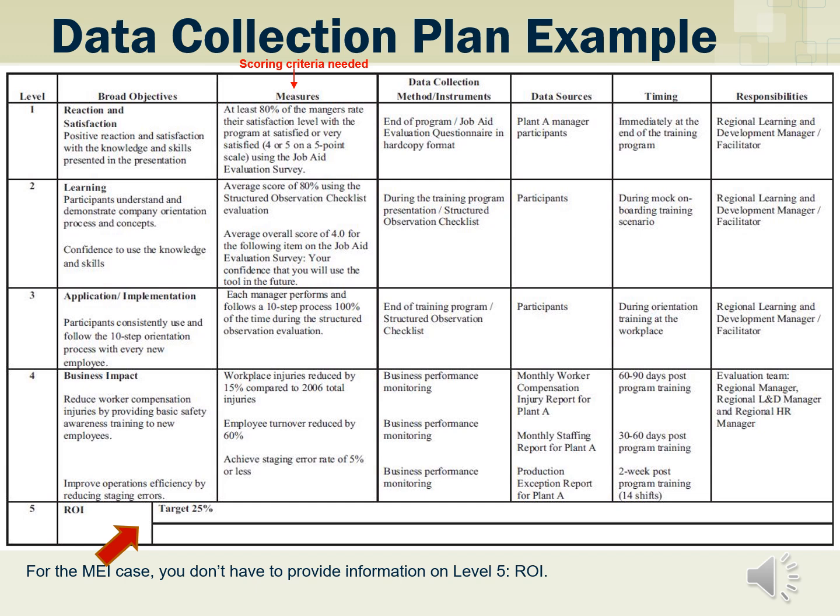Next, the column data sources. Where did you get the data? For level 1 reactions, Plant A manager participants will complete the 5-point rating scale survey questionnaire. For level 2, obtain the data from participants.